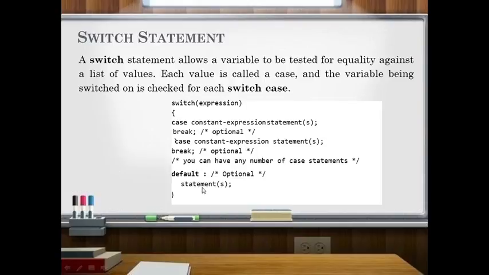This is the general syntax we are using. For example, you can simply use a switch statement. Switch in brackets takes an expression; you can use a character, a variable, or a constant. Then you have an open brace, and then case.